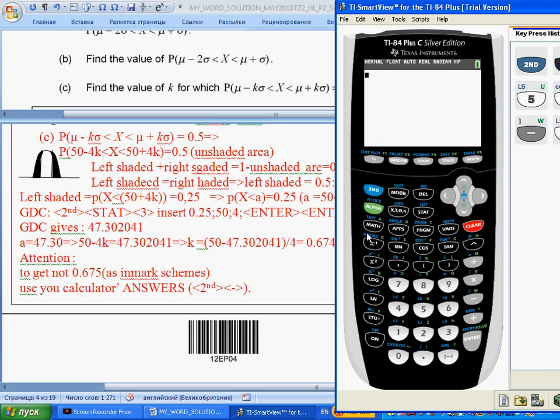So we have the answer, so we should do 50 minus answer and divide by 4. Second and this. Equals. And we should divide this by 4. Strange, it shows the wrong answer. Let's see. It shows the wrong answer.